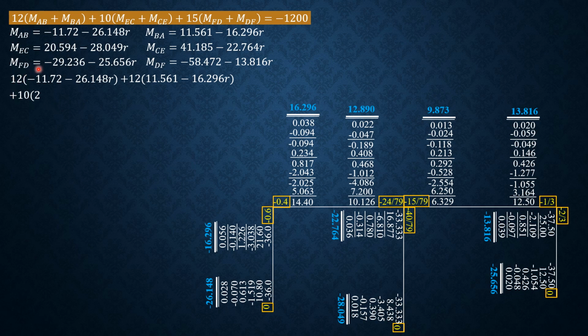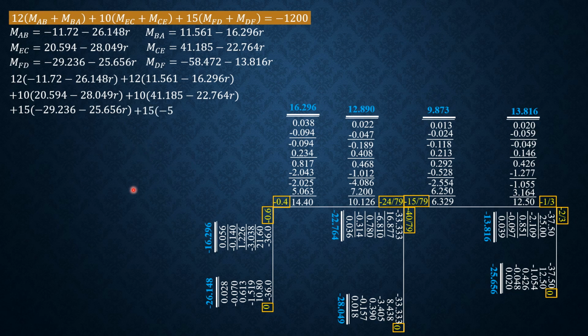So combining the constants and the terms with R on the left side, negative 699.738 minus 1609.538 R equals negative 1200.